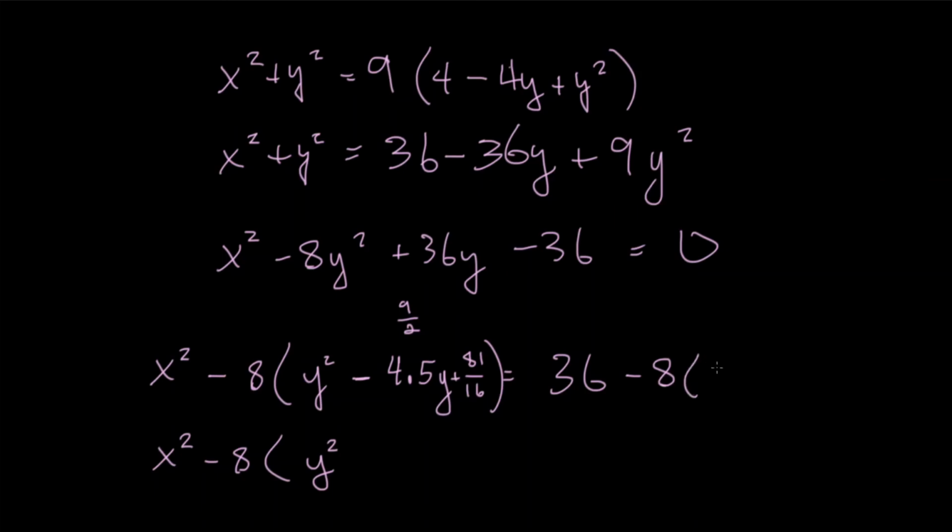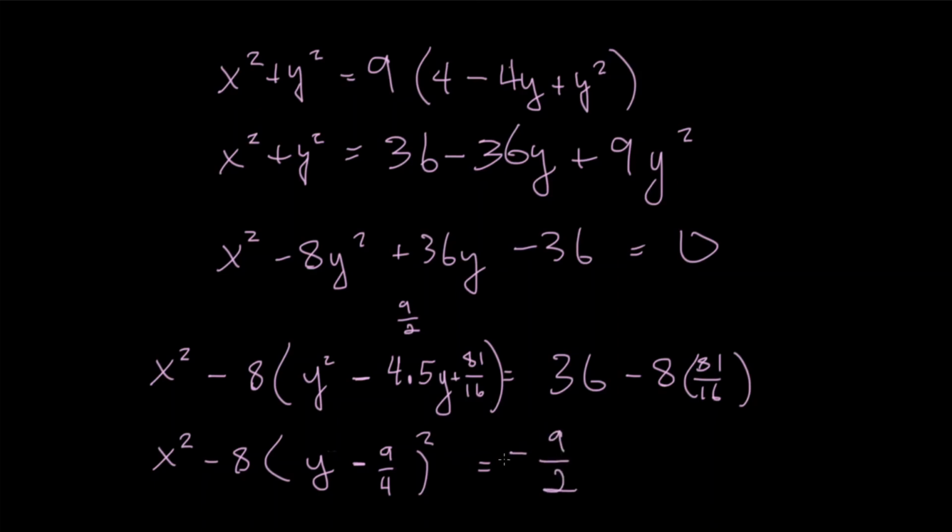And that leaves us with minus 8 times (y minus 9 fourths) squared. Oh, so the addition was actually never necessary, my bad. And that's equal to negative 9 halves.